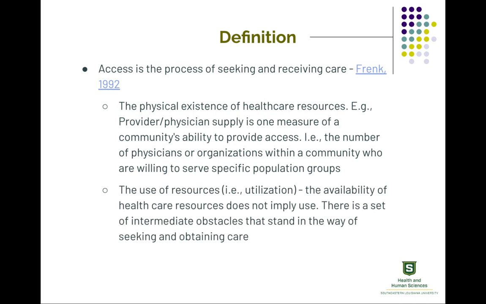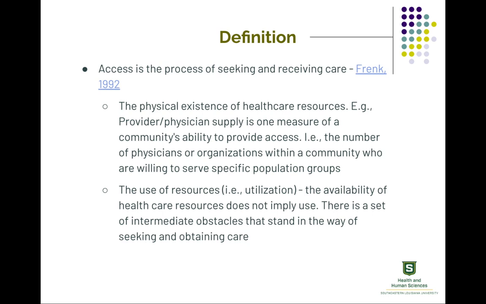The other is to look at the use of the resources, which is utilization. So this thing is available, healthcare resources are available, but does that mean they are being used?